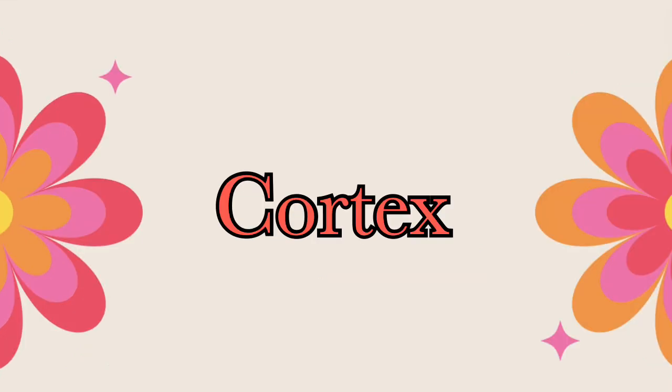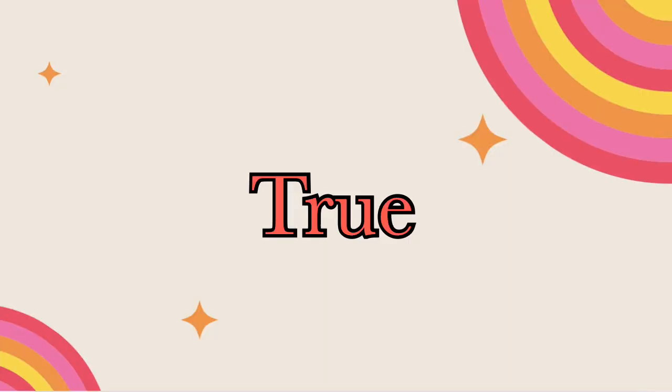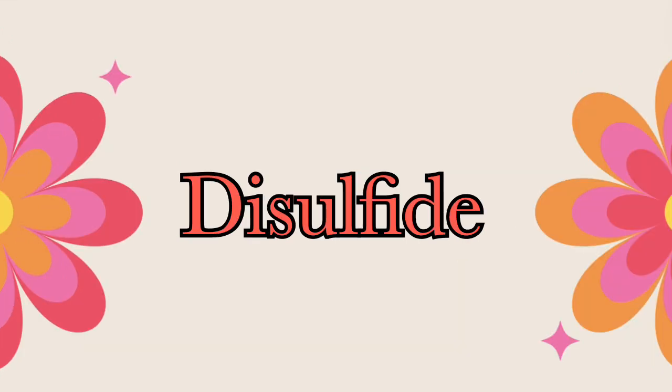The cortex. True or false? A child whose parents both have 4C curly hair can have straight hair. True. What type of bond is manipulated by perms or relaxers? Disulfide.